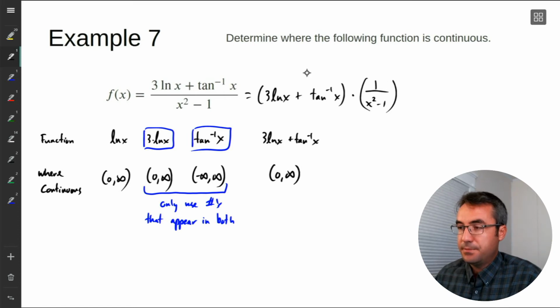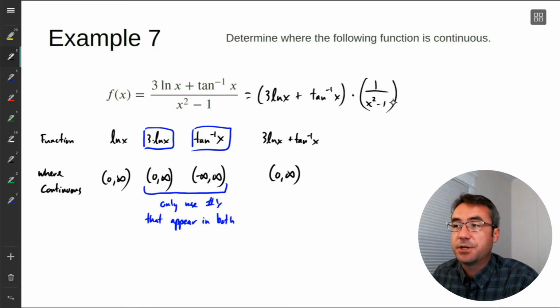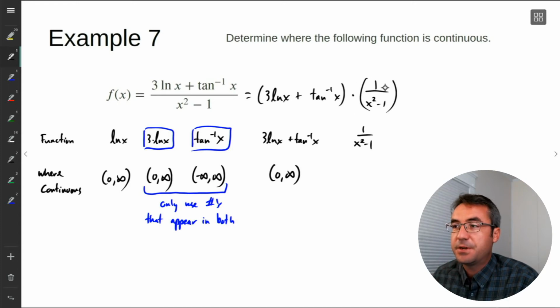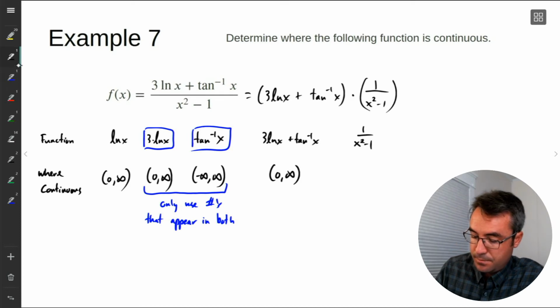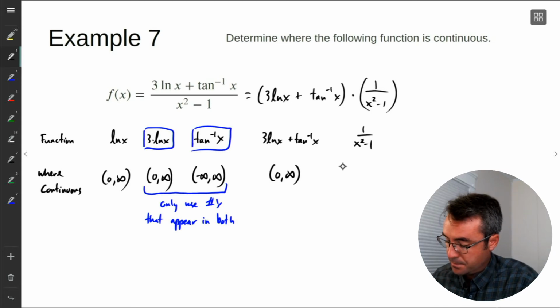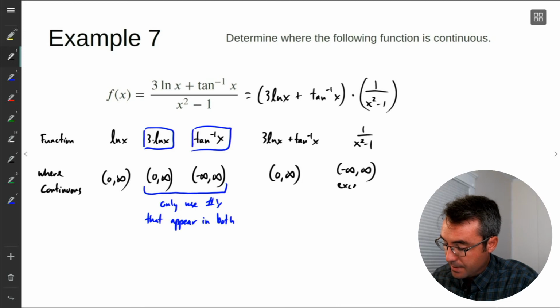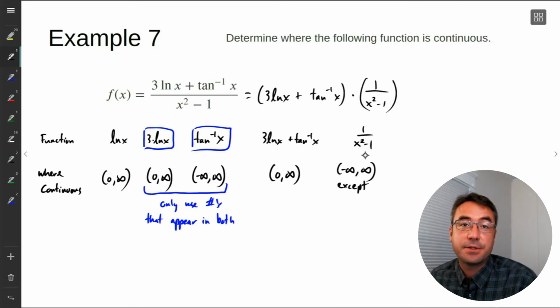All right, so that takes care of this first major piece of our function. Then we have this 1 over x squared minus 1. This is a rational function, so we just have to figure out where we have division by 0. It's continuous for all real numbers except where the denominator is 0.